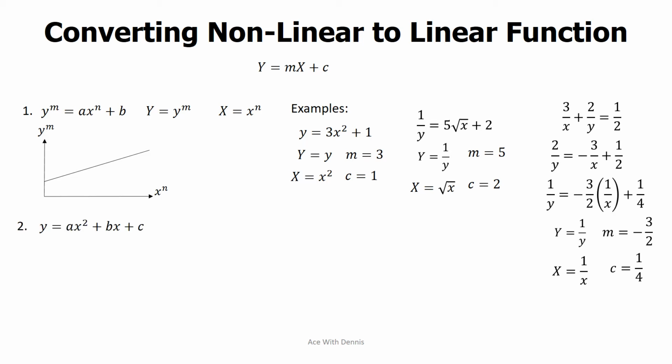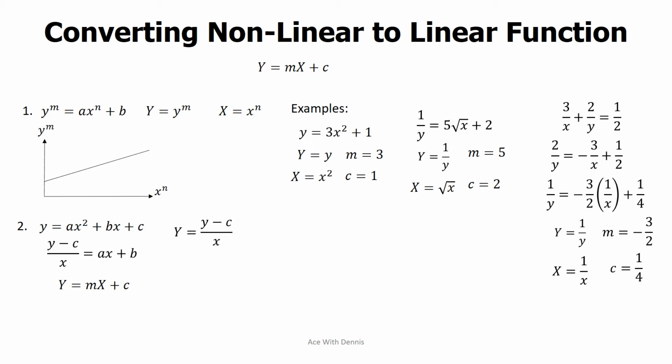Second case, the nonlinear function is in the form of y equals ax squared plus bx plus c. So we can rearrange this equation by dividing by x on both sides. We get y minus c over x equals ax plus b. Hence, capital Y equals m capital X plus c.